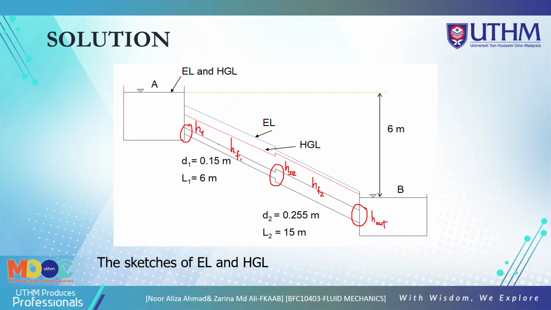So they have 5 HL, the head losses, which include HF and HM.